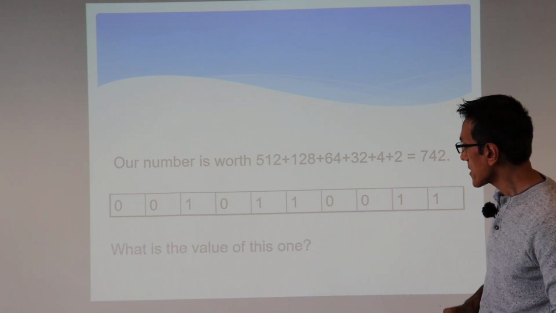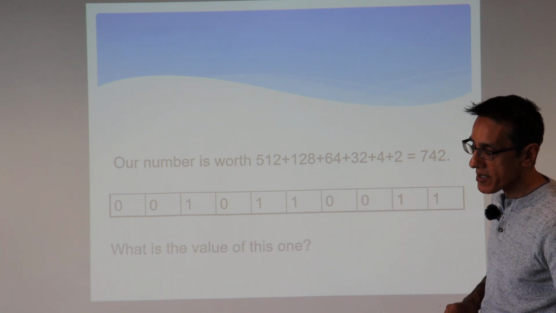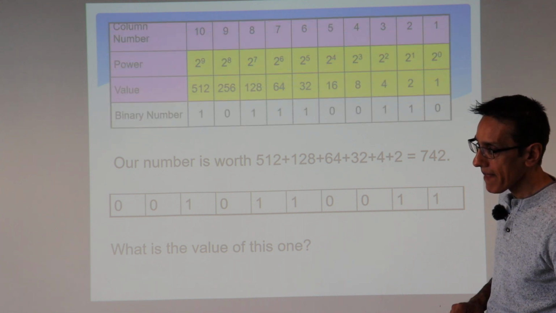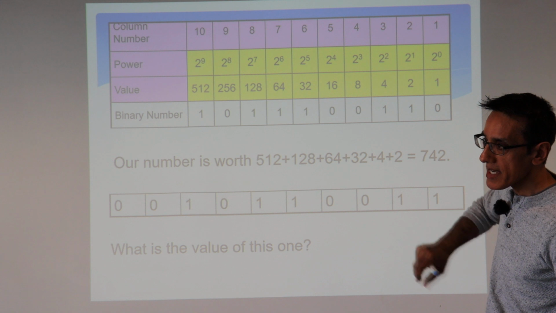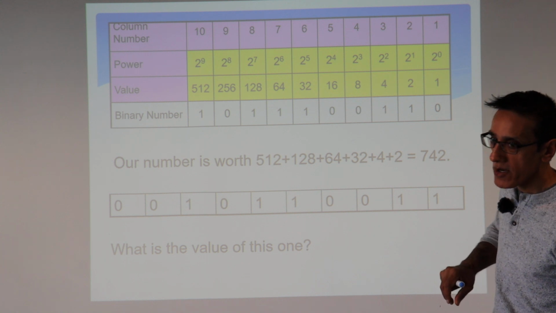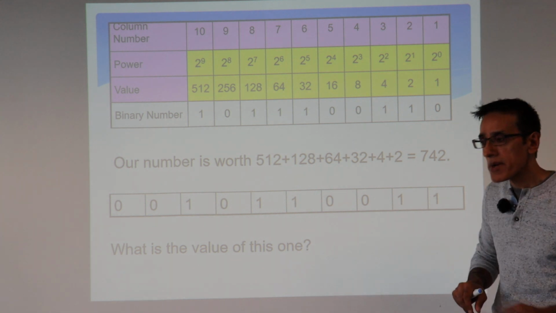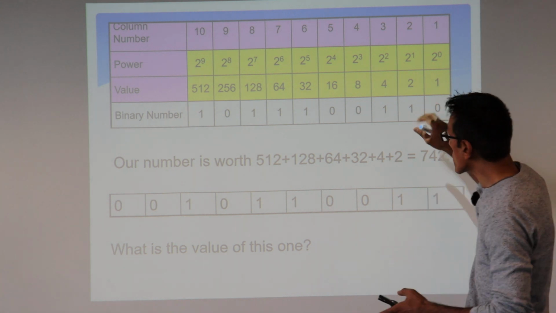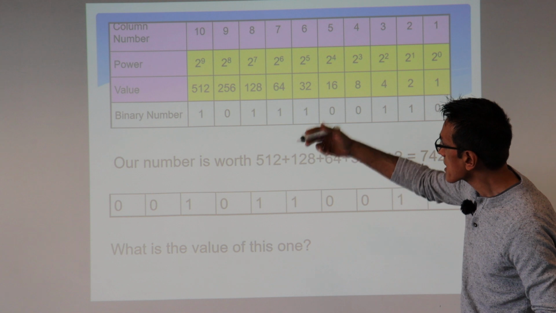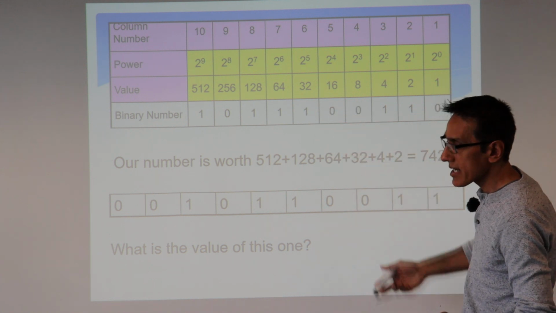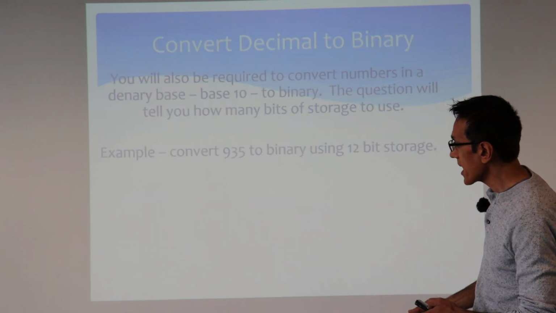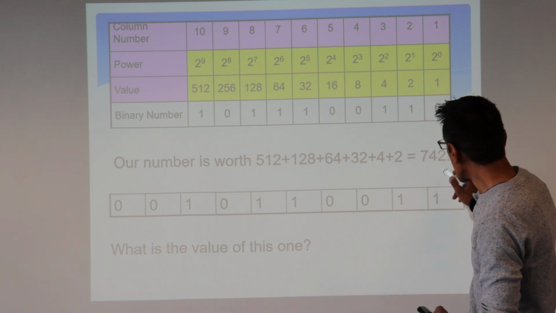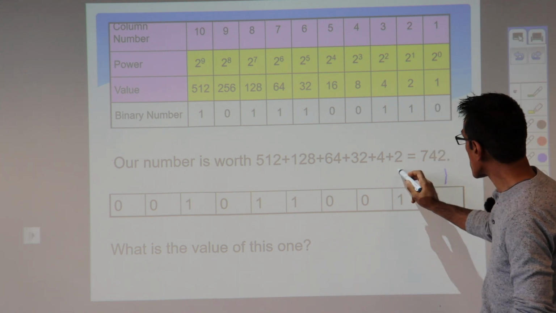Here's one for you to try. What's the value of this number? Again, first thing you need to do is draw up our column. Once you have your table or row, position the numbers directly below and then add those numbers together. So I will just reproduce those on this.